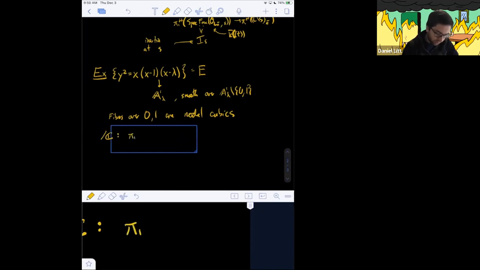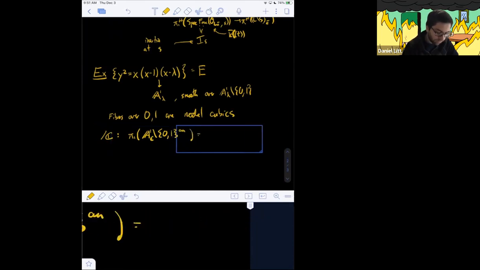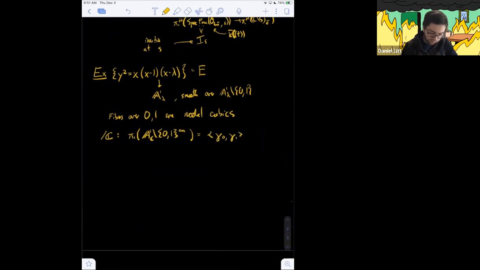So what is pi 1, just the usual topological pi 1 of the affine line minus 0 and 1? Can anyone tell me? Is it free on 2 generators? Yeah, so it's free on 2 generators. It's free on a loop around 0 and a loop around 1.